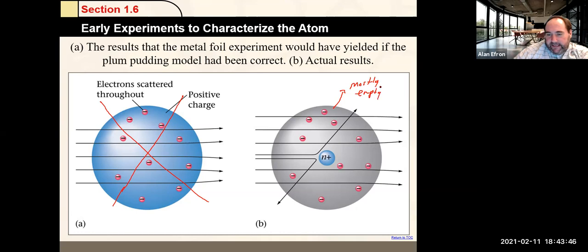And as we will see, that is essentially why when they shot most of those particles, they didn't have a problem. They sailed right through and nothing really happened. They also felt that it had to contain this very positive, dense core, which was later referred to as the nucleus.